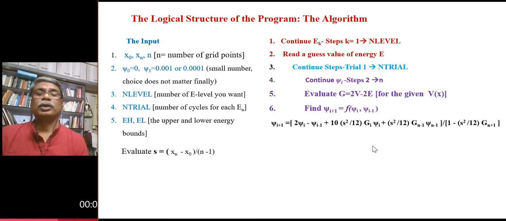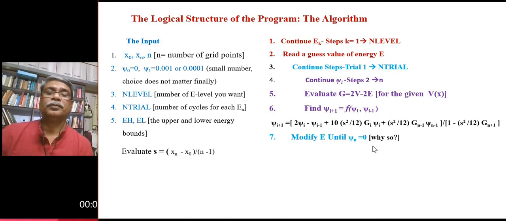So you have now got the full set of psi at all the points, and then what will we do? We will modify E until psi n is 0. You have started with a trial or guess E. Of course, if it is not the exact energy, then you will not get the perfect set of psi, in the sense that your psi at x max, that is psi at the nth point, would not be 0.